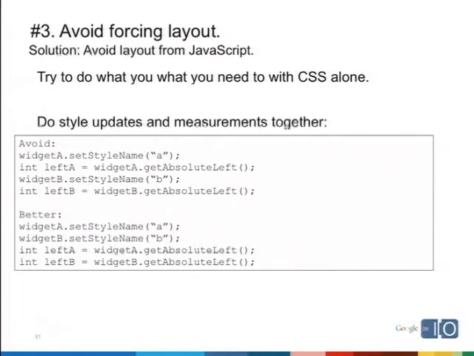Say I have two widgets. If I do this order where I take widget A, I set the style name, which sets the class name under the hood, which invalidates the style, and then I immediately call getAbsoluteLeft, that's going to cause my layout to update. Then if I turn around and set the style name again, invalidating the style, and call getAbsoluteLeft again, I've just caused two of those long calls to happen.